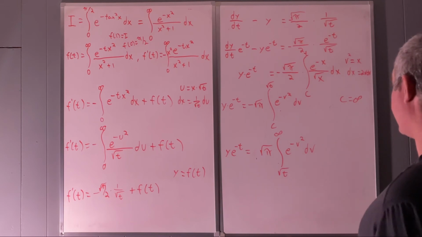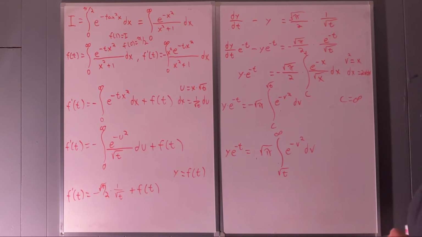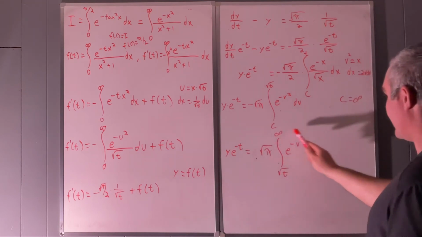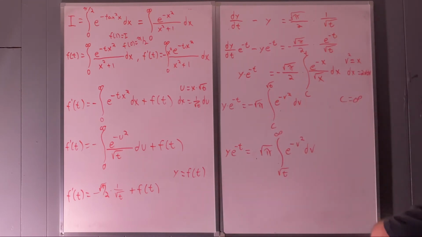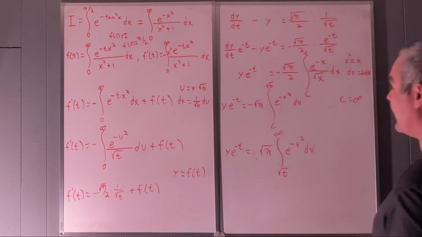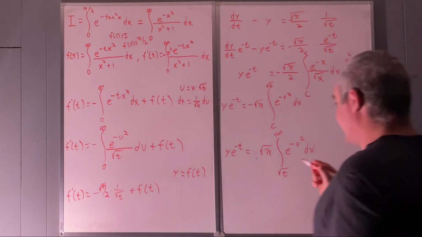C has to be infinity, so this is our new function. All right, now we know that the answer to our equation is equal to f of t at the point t is equal to 1. So let's just see if we can solve this right now by plugging in 1 for t. What's that going to give us?